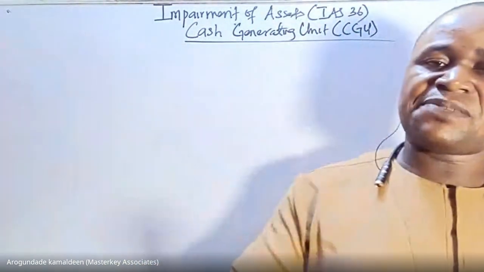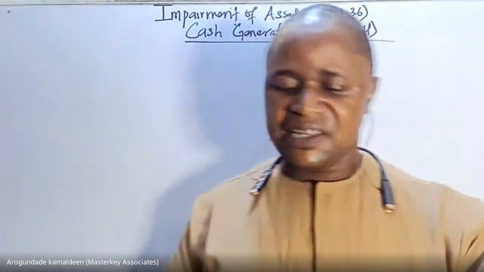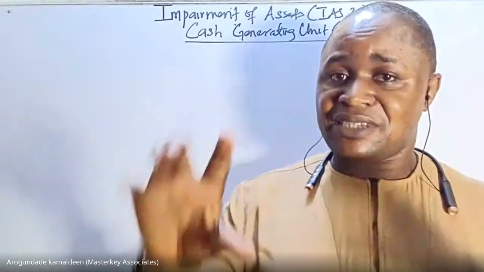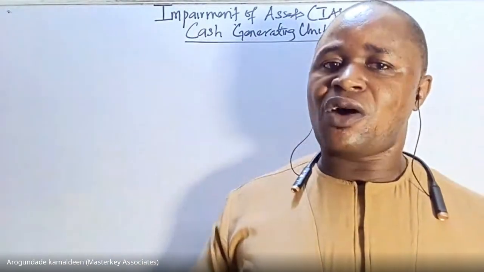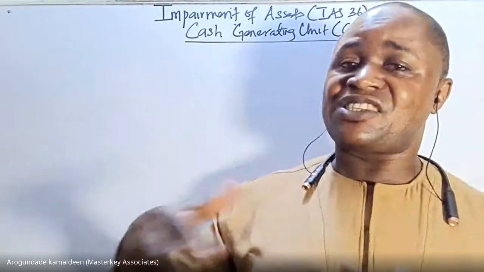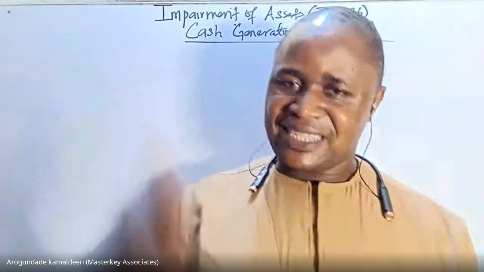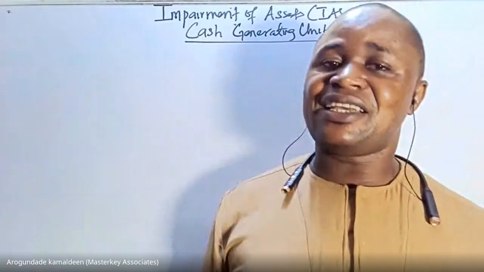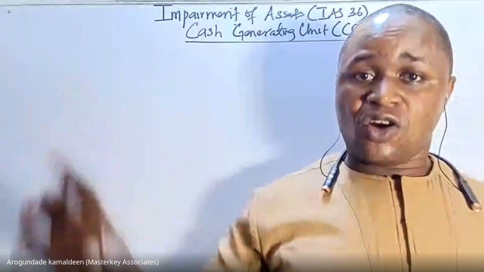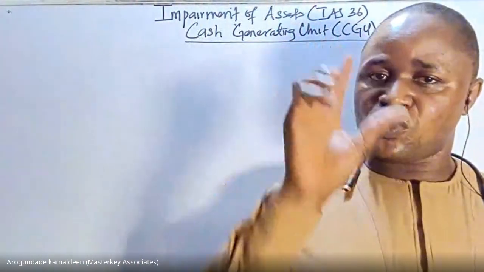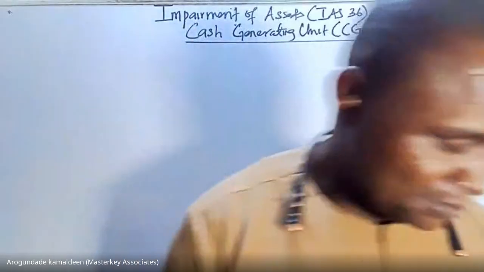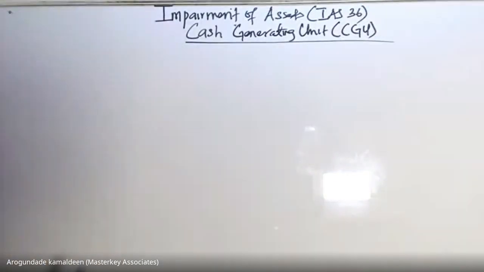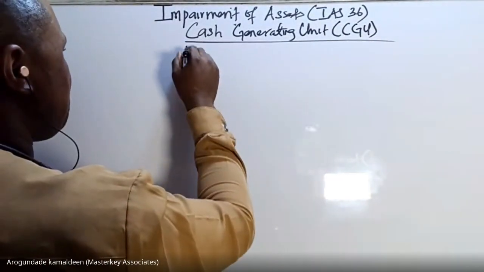So anytime it becomes impracticable, it becomes difficult for us to measure precisely the cash attributable to a particular asset, then we cannot test impairment on that asset. Instead, we now subject all the assets in that group to impairment. Is that clear? So now, how do we measure the impairment?